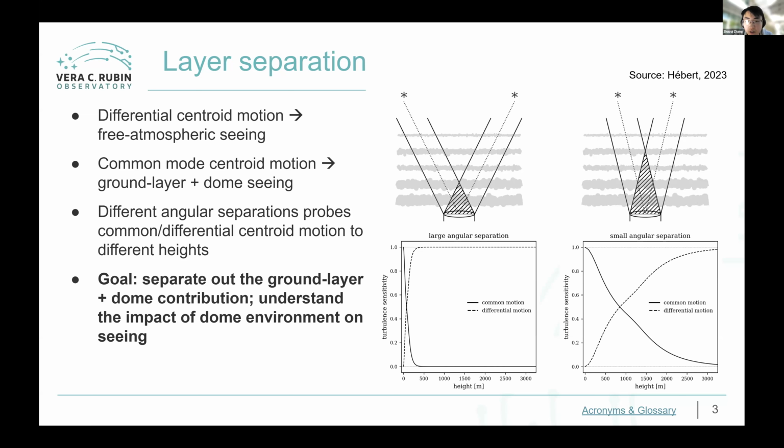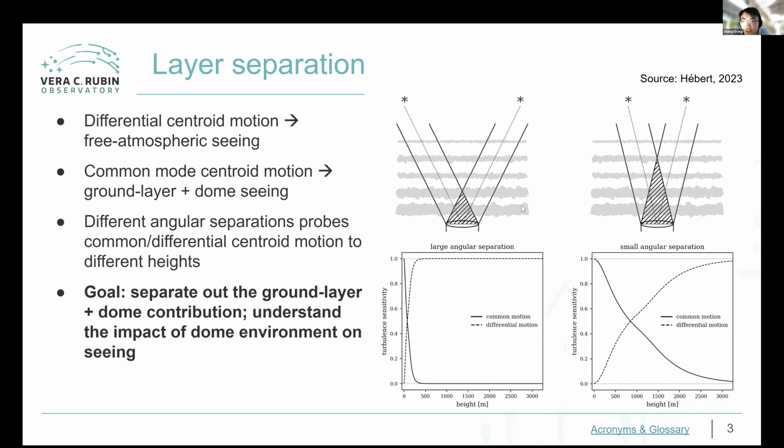That means the air turbulence near the ground layer would introduce more coherent centroid motion, so the centroid motion due to the ground layer would be more correlated. On the other hand, in the free atmosphere, because the air columns are separated further apart, the atmospheric turbulence would introduce uncorrelated motion.